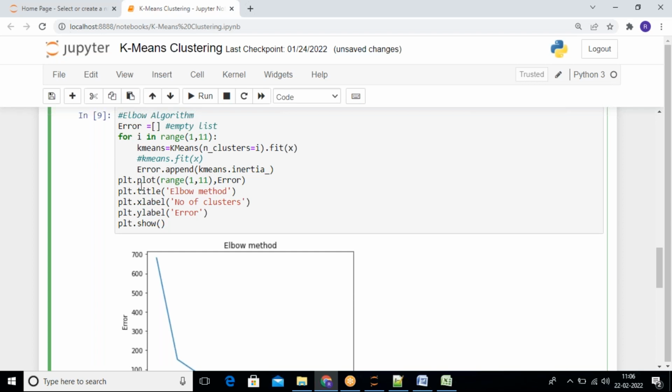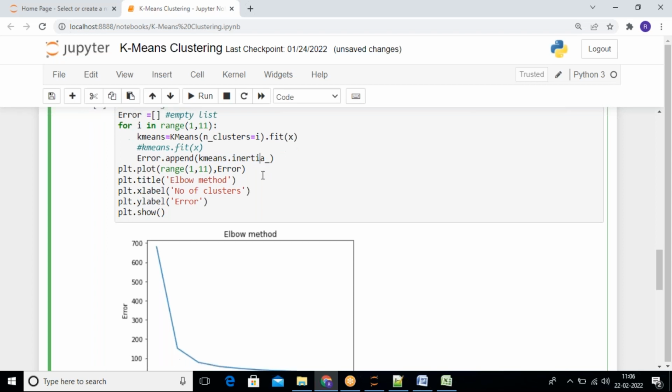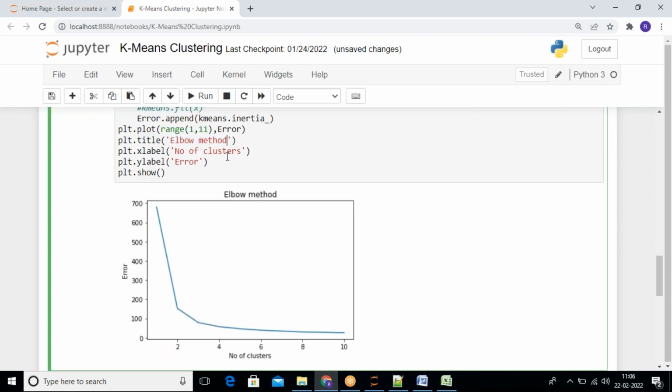Then I gave a graph plot: the x-axis will plot values from 1 till 10, and the y-axis will plot the error, the list inside which inertia is appended. The title of the graph is elbow method, the x label is number of clusters and the y label is error. I get a graph something like this.